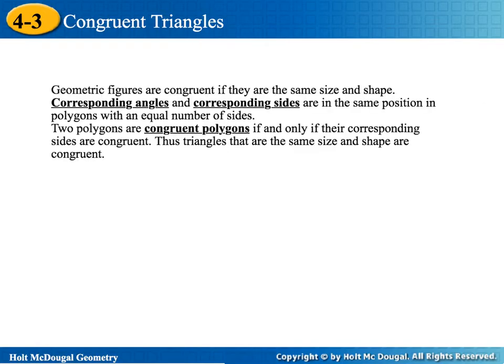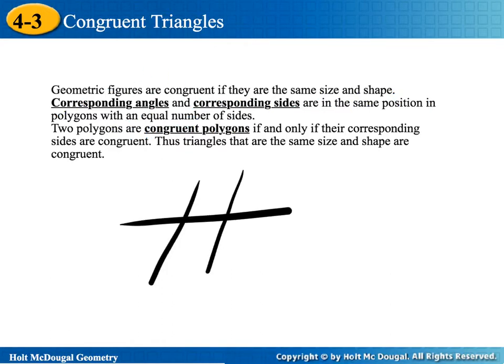Alright, so geometric figures are congruent if they are the same size and shape. Corresponding angles and corresponding sides are in the same position in polygons with an equal number of sides. So real quick, these are not the same corresponding angles as this. This is not what it's talking about by corresponding angles.